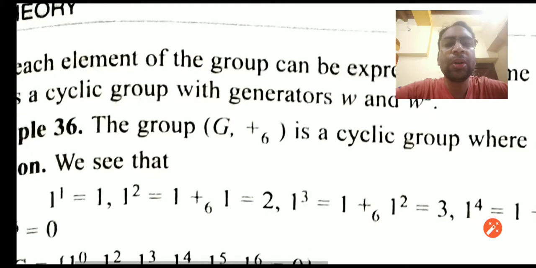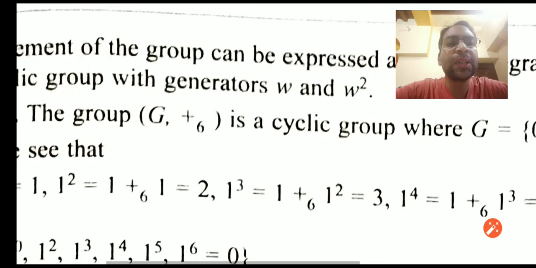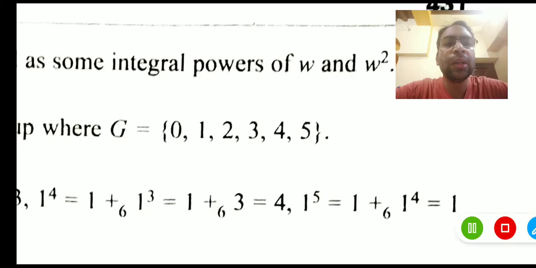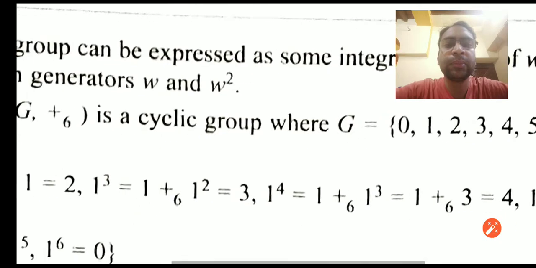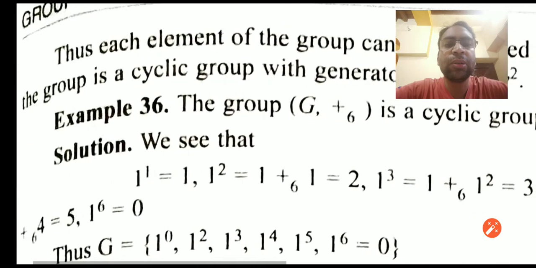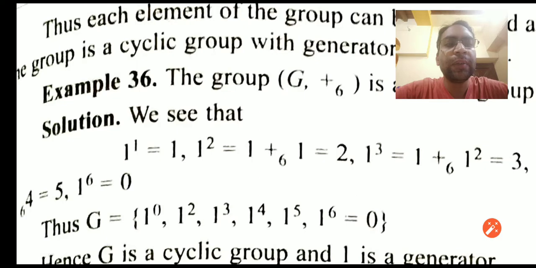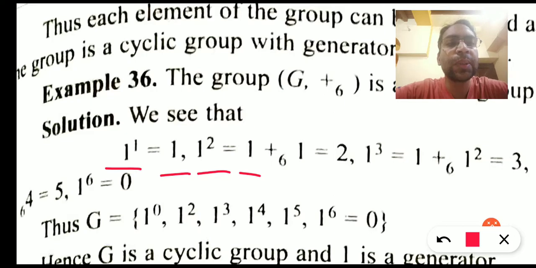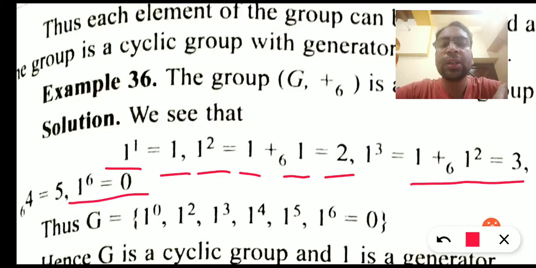Now let's talk about another example. The group G with plus 6 is a cyclic group where G is 0, 1, 2, 3, 4 and 5. Let us try to understand. If we take 1 to the power 1, this will be equal to 1. 1 squared is 1 plus base 6 1, which equals 2. 1 cubed will give you 3. 1 to the power 6 will give you 0.